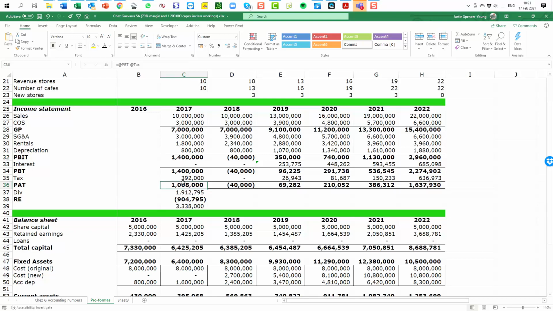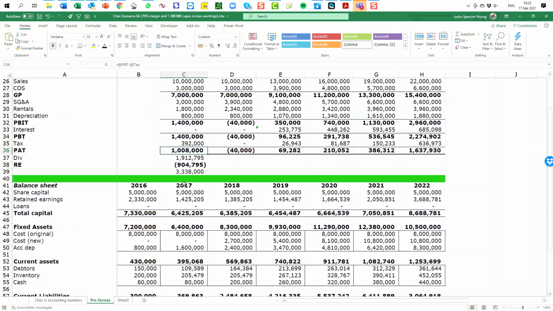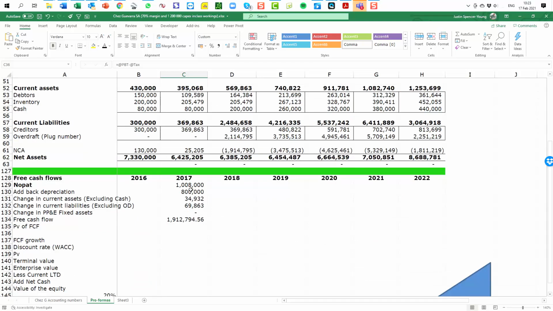That works out quite nicely here because there's no interest expense, so the maths works out quite simply. You'll see it's a little bit different as we move on. So 1,008,000, or just over R1 million, is the NOPAT number for the first year.